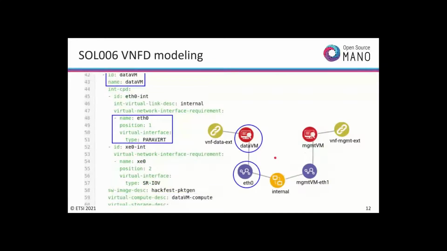And in a similar way, we have this other data VM, which is basically a mirror of the other one. It has this other internal CPD, which points to this other internal link descriptor. And of course, it also has another CPD, which is the one that was exposed before.